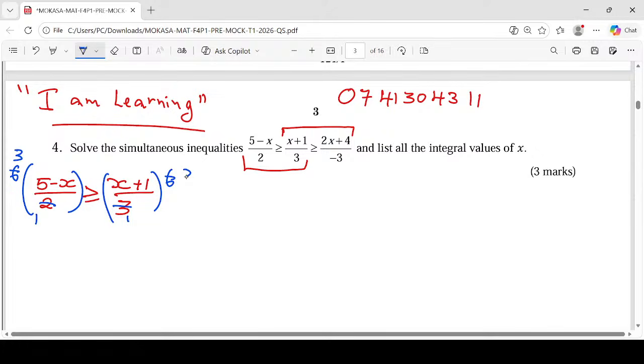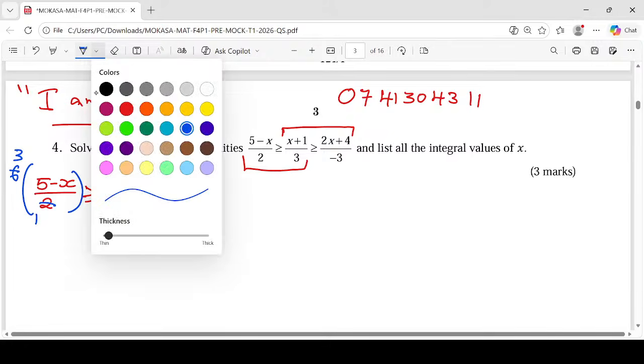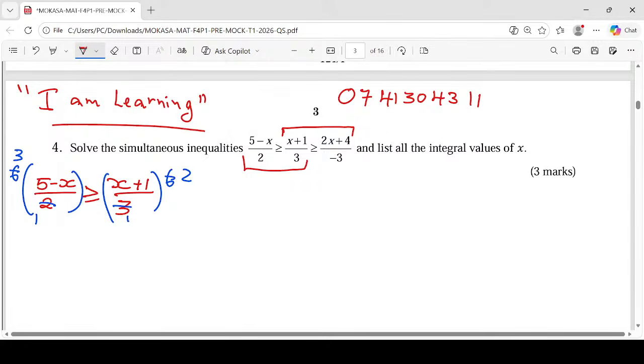So I'm going to have 3 into (5 minus x) is less than or equal to 2 into (x plus 1).